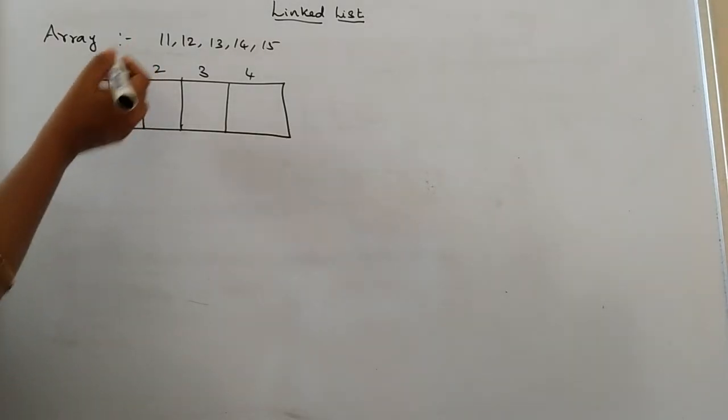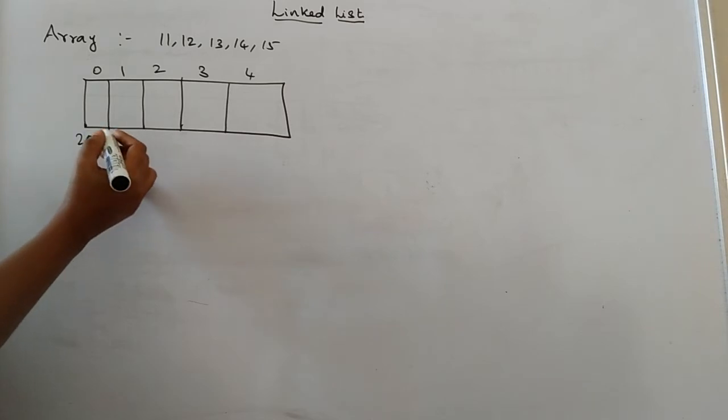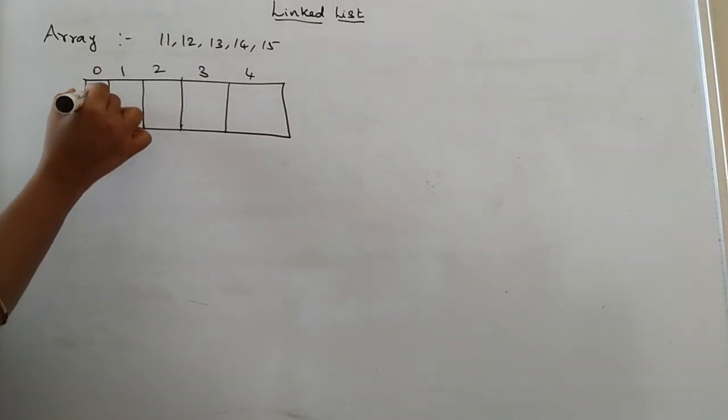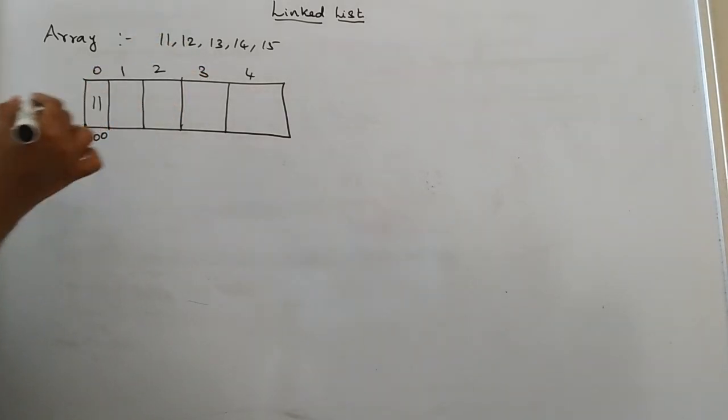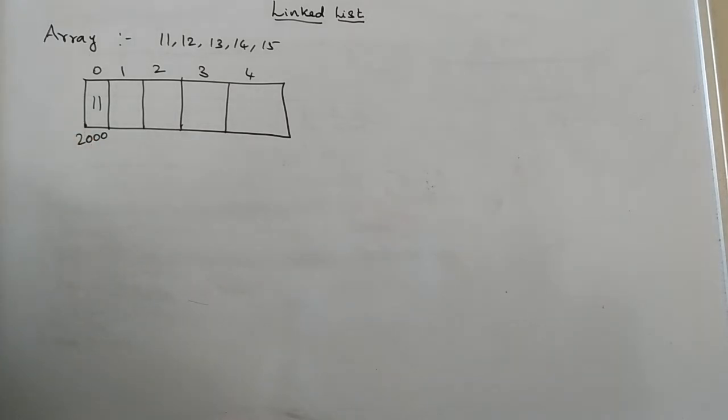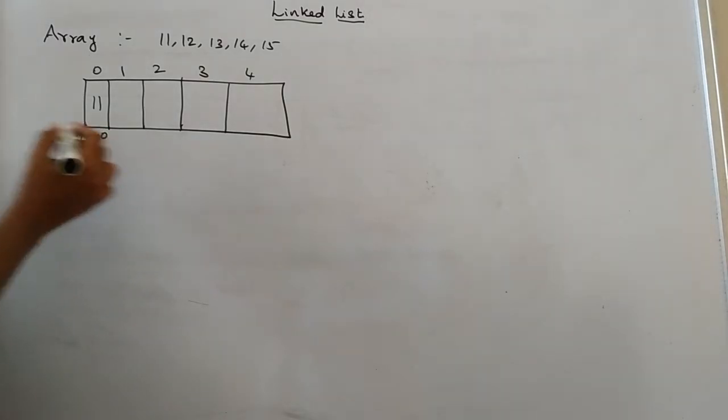Storing a single integer value requires 2 bytes. So 11 will be stored in the first location, whose memory location is 2000.